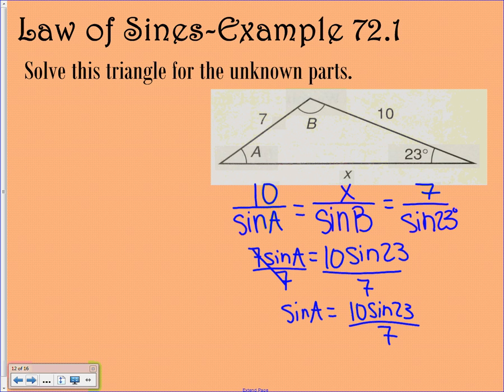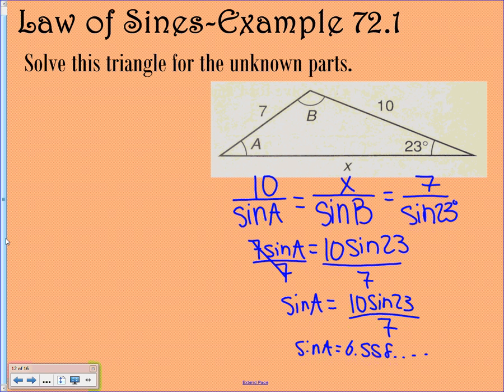And so if you get your calculator and plug in 10 sine of 23 over 7, you should get 0.558, etc. And then to find A, we need to take the sine inverse of that.